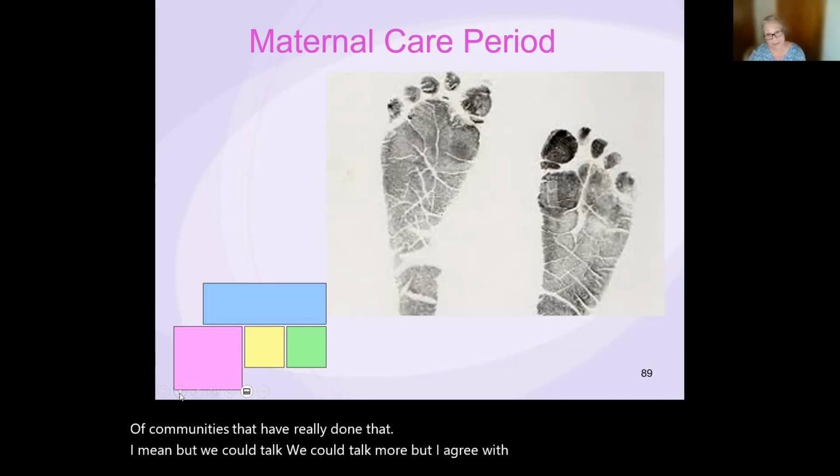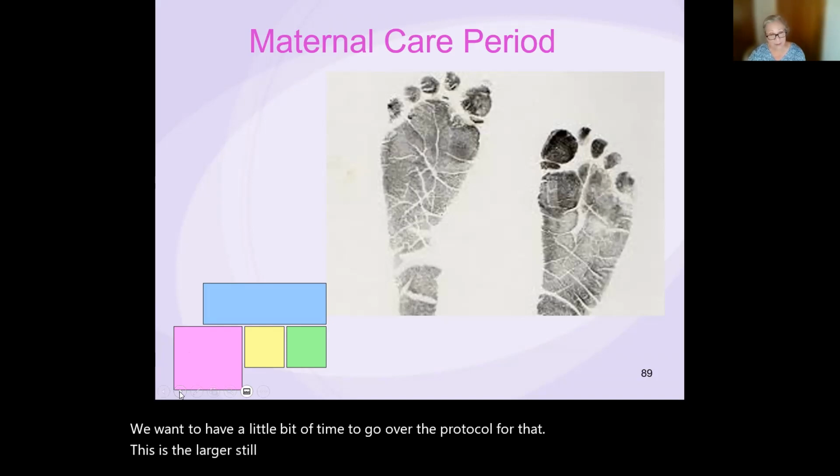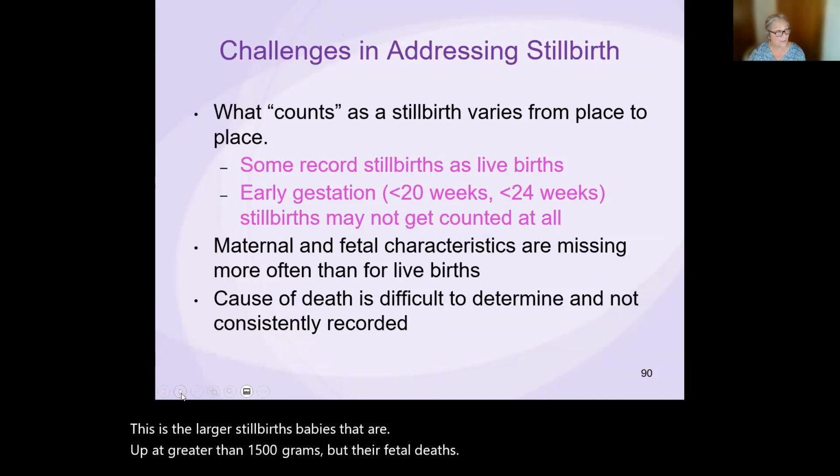The maternal care period, we want to have a little bit of time to go over the protocol for that. This is the larger stillbirths, babies that are delivered at greater than 1,500 grams, but they're fetal deaths. And we have some challenges here.